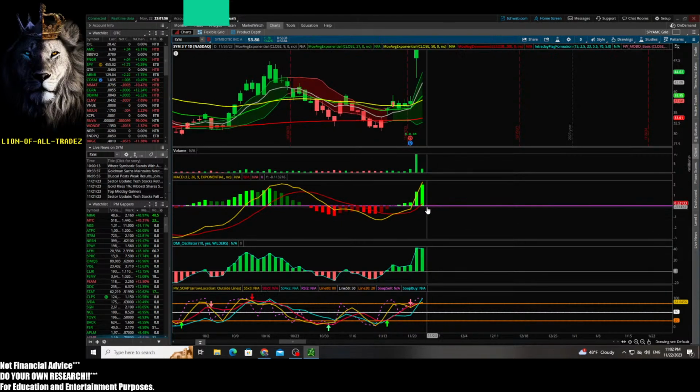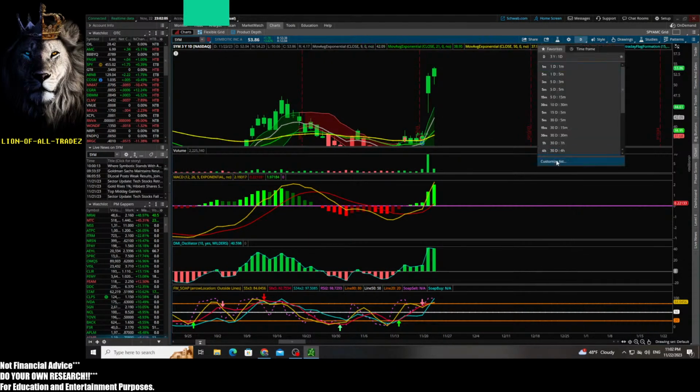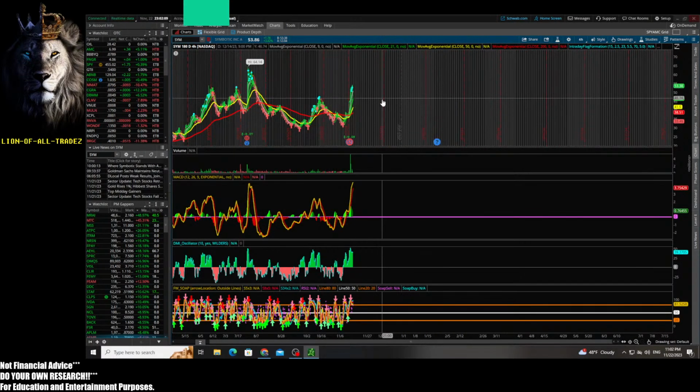But for sure, at some point it has to pull back. So I gotta look at the lower time frames and see. Yeah, geez, look at the MACD.